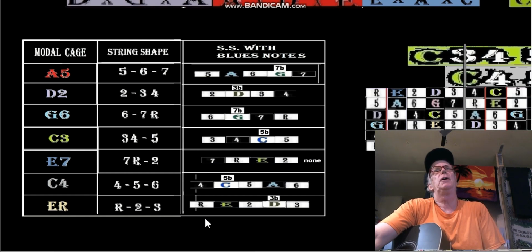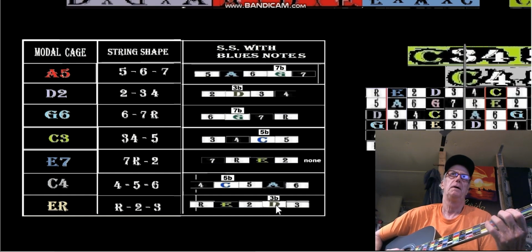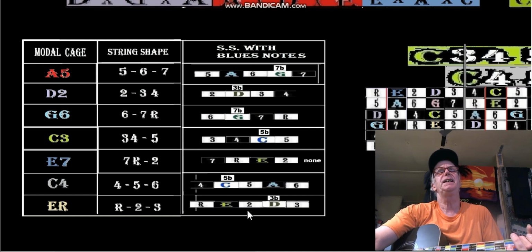So if we have our root 2-3 long string shape here, I call it ER, like emergency root. We've got root 2-3 here, we've got that flatted third there. So that's a blues note because it's not in the scale, it's not in the string shape.